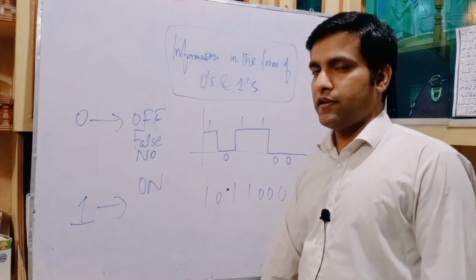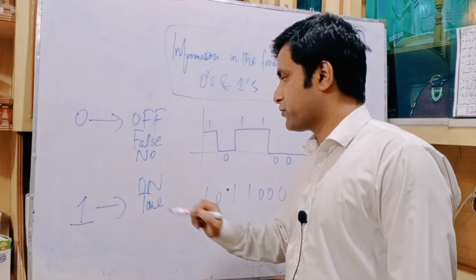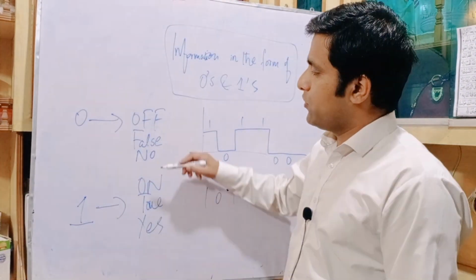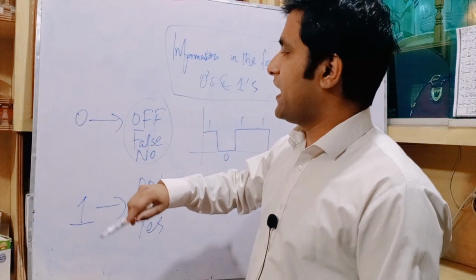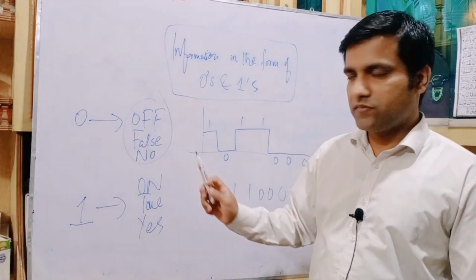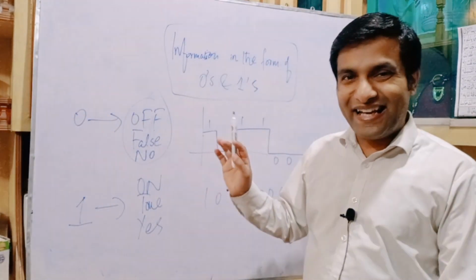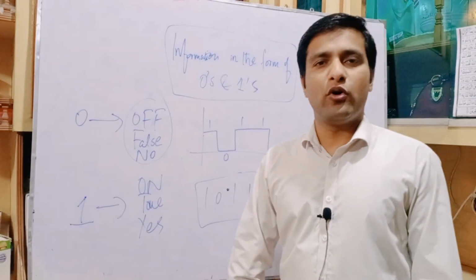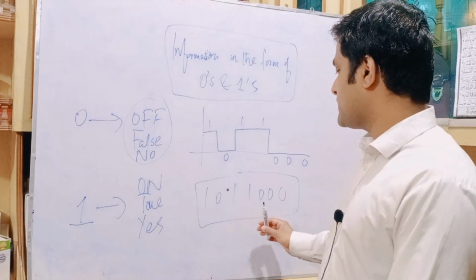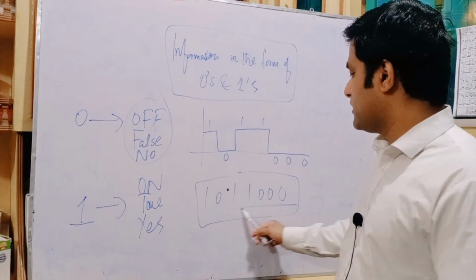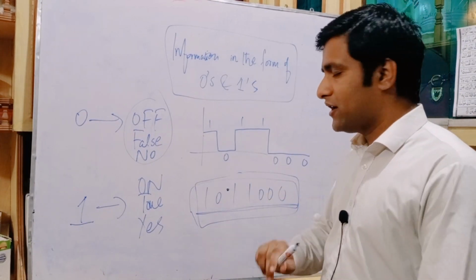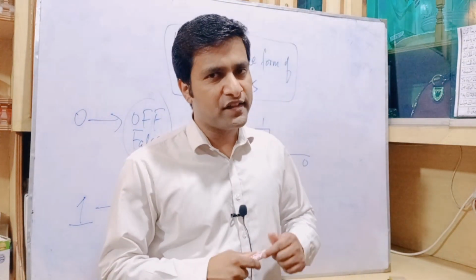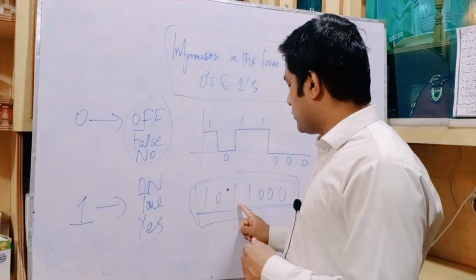On, true. Yes. So you can use any of them, all have the same meaning, but in digital electronics the information is always written in the form of zeros and ones, and this sequence of zeros and ones is understood by computers, because our computers and electronic devices understand only these zeros and ones.